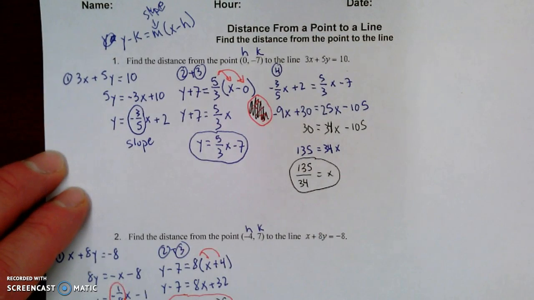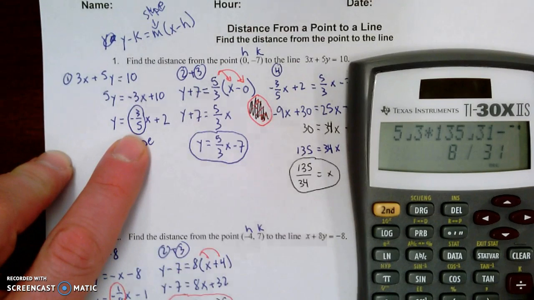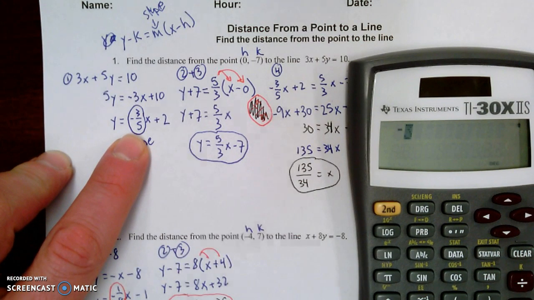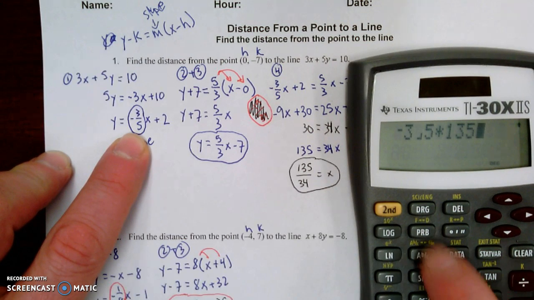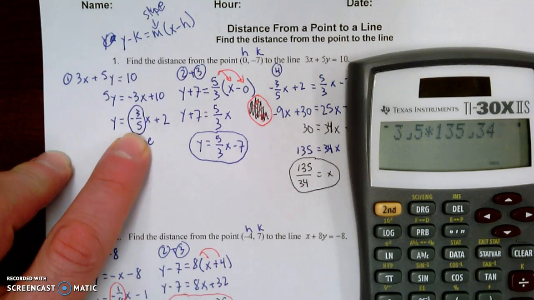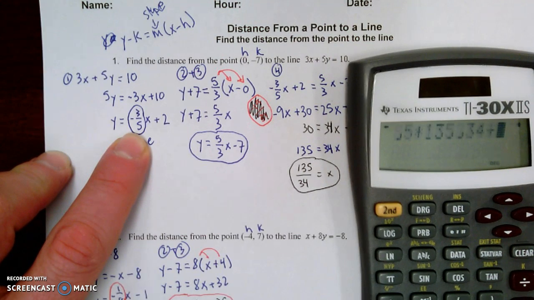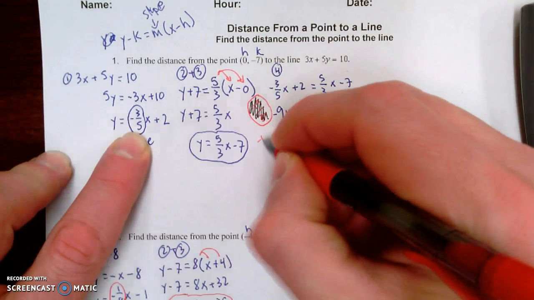Okay, let's go back. Negative 3/5, so negative 3 ABC 5 times 135 ABC 34 plus 2 gives us negative 13 over 34. Okay, hopefully we get it right this time.